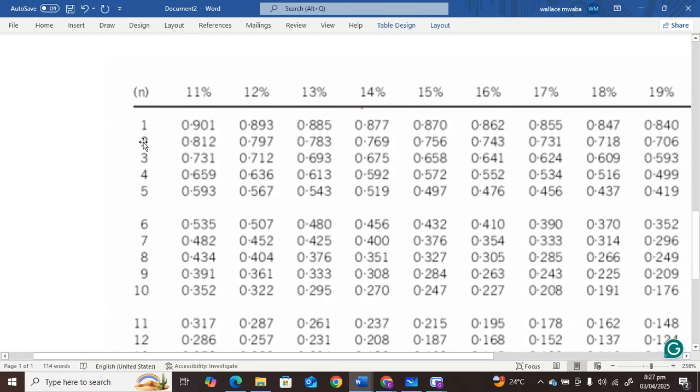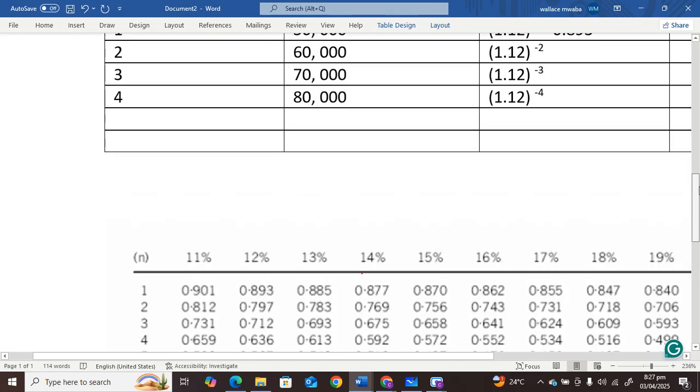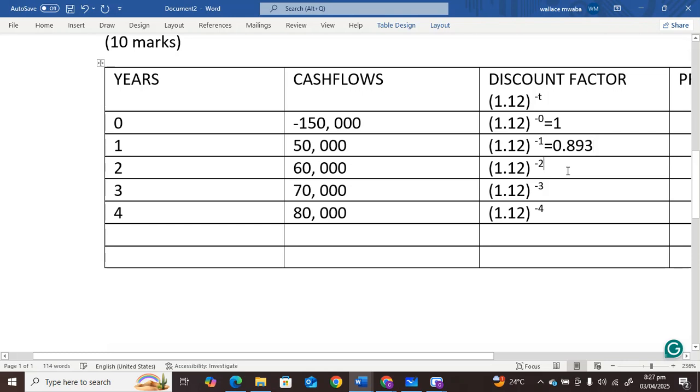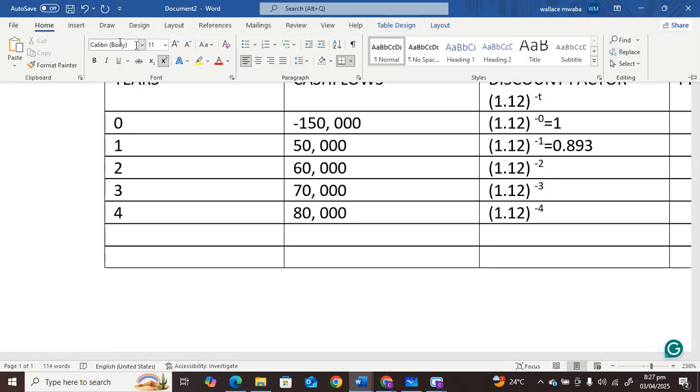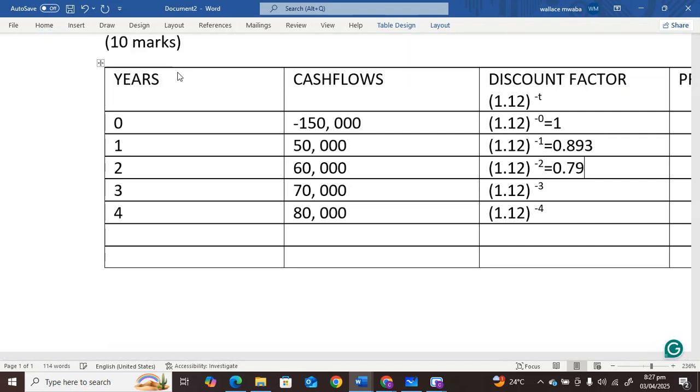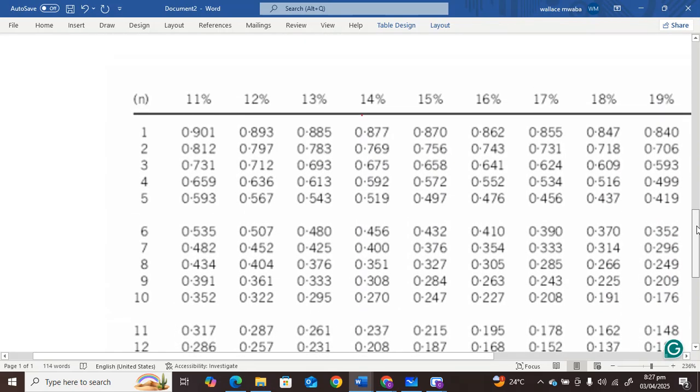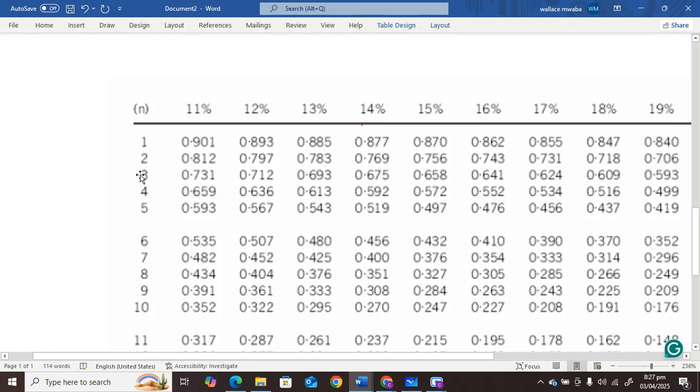Year 2, our discount factor 0.797. Year 3, our discount factor 0.712.